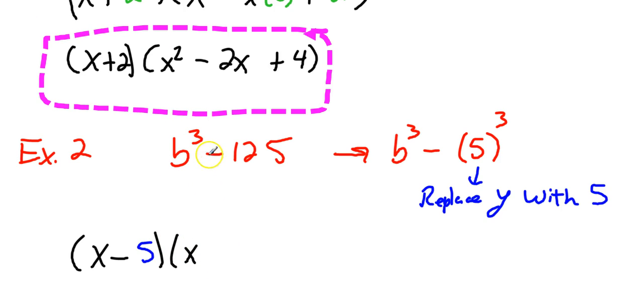Times x. And again, the first sign's always the same. That's the part I always remembered when I had to memorize these two. The first sign always matches up. The second sign alternates. So if you start with a negative, the next one has to go positive. So we've got x squared plus, technically it's x times 5, and we'll rearrange it in just a second. And then plus 5 squared.